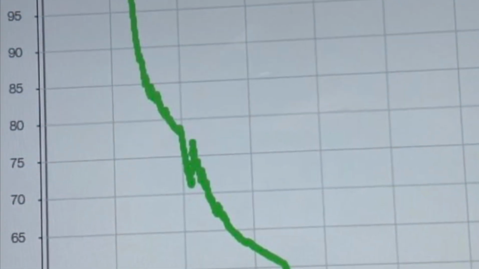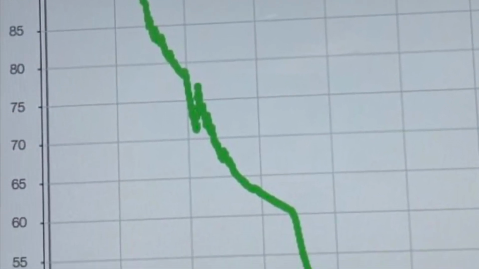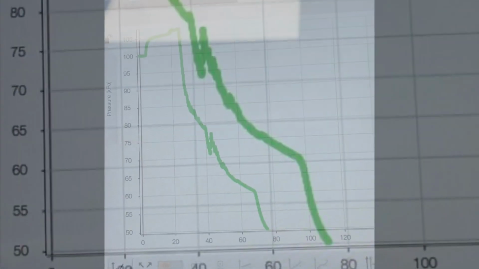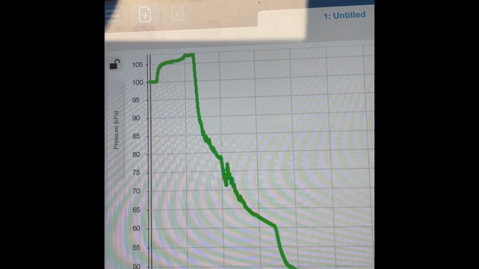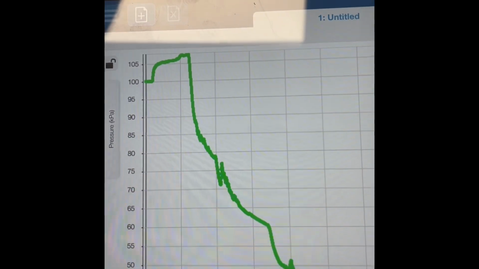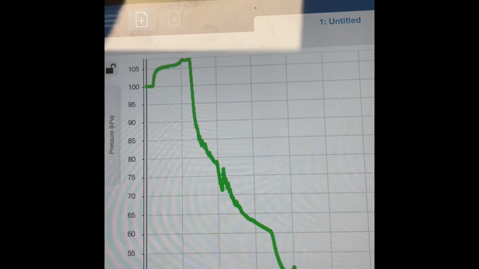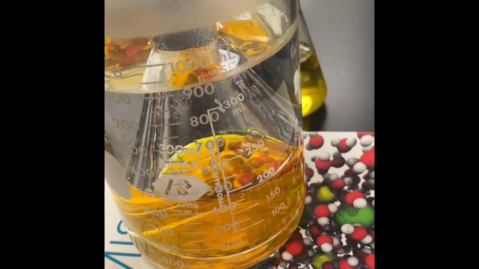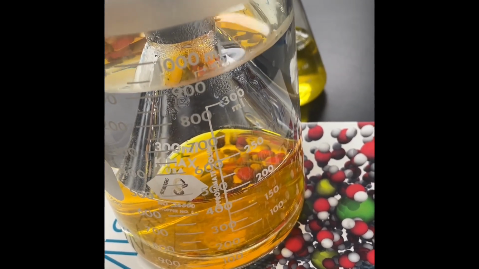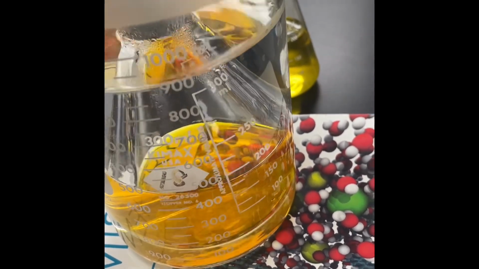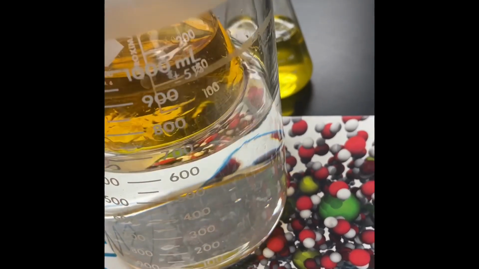So we're really low. Relatively speaking, it's down to half the pressure where we started, beginning to level off, and maybe a little bit still signs of boiling. Let's take this out.